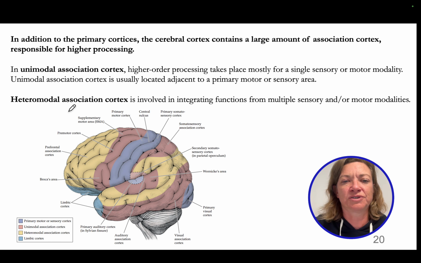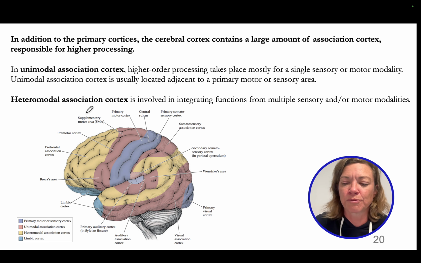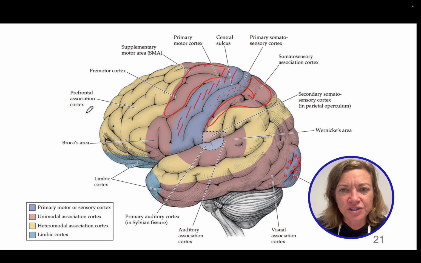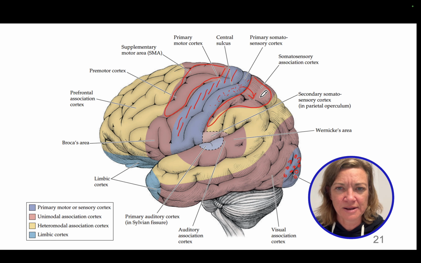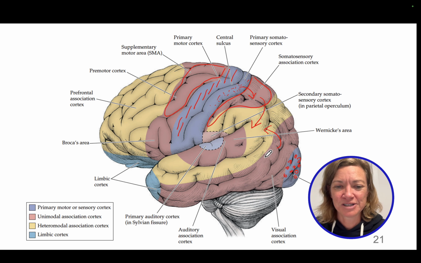Now, heteromodal association cortex is involved in integrating functions for multiple sensory or motor modalities. So it's even more integrative, and it tends to be surrounded by unimodal association cortex. So if we take our example of touch, once it has a little context around it, it's going to be processed further in this heteromodal association cortex, and integrated with things like visual information emerging from the visual association cortex and impinging on it, auditory information, right?